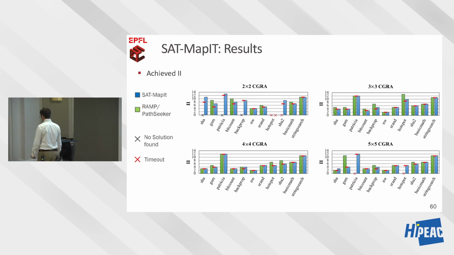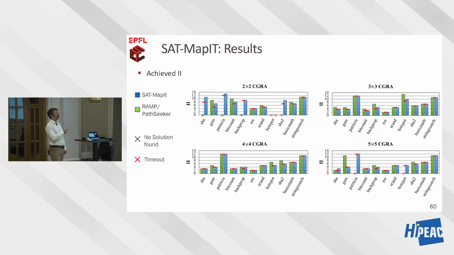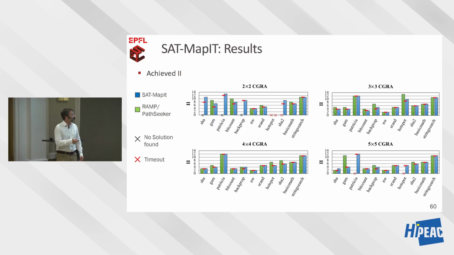So these are results on some target applications compared with state-of-the-art solutions, and we can see that SAT-MapIt works pretty well, so it can map more applications and with better performance. The performance here is expressed in terms of initiation interval. What is the initiation interval?